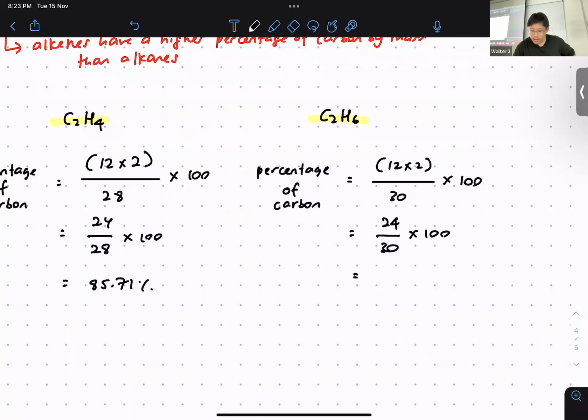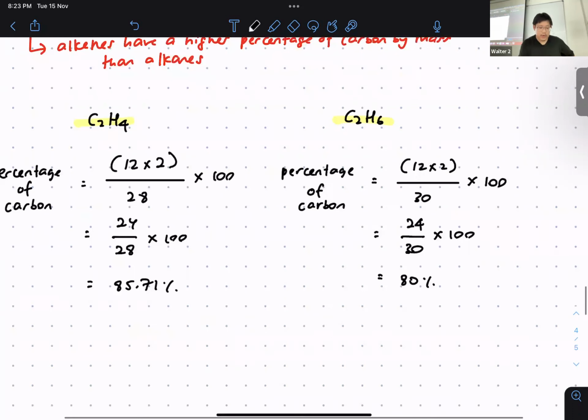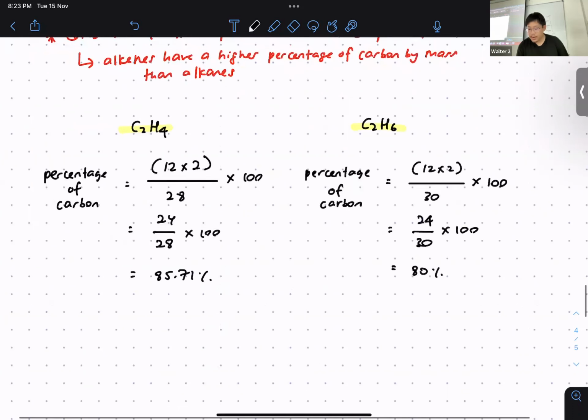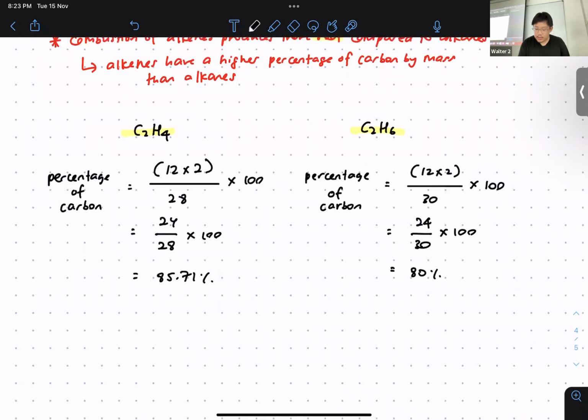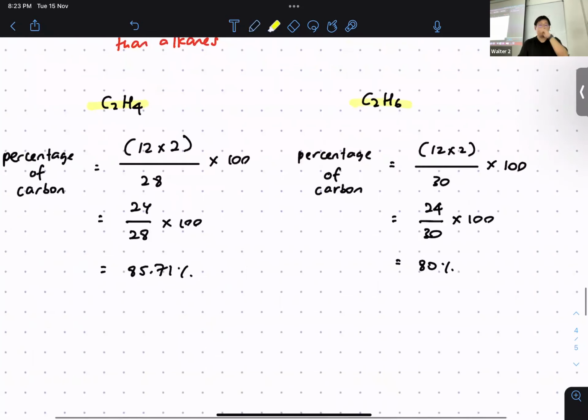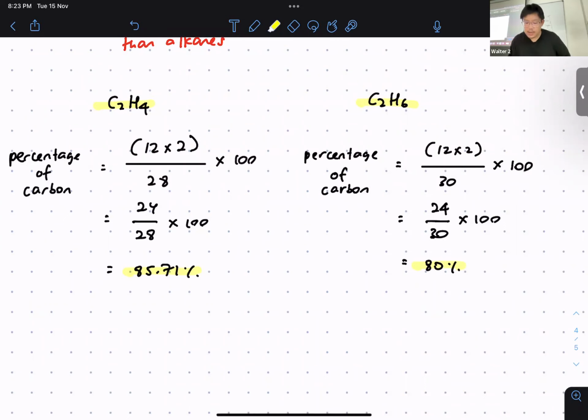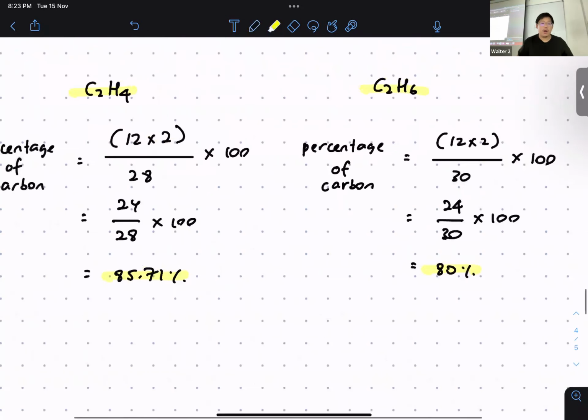You'll get 80% exactly. So you can see here the percentage of carbon in alkenes is definitely higher than in alkanes, right? Ethene has 85.71% carbon, but ethane has 80% carbon by mass. That shows you that the more carbon you have in terms of percentage, the more soot you can produce when you burn.